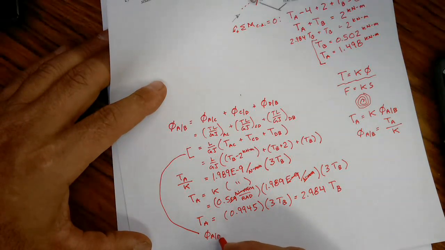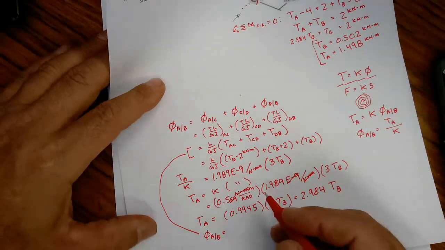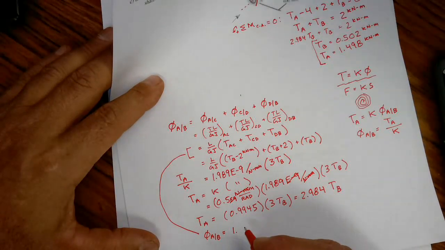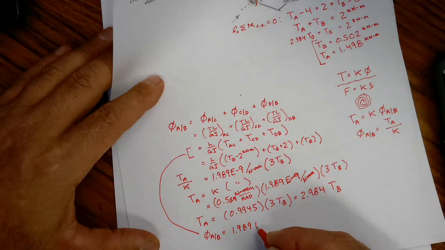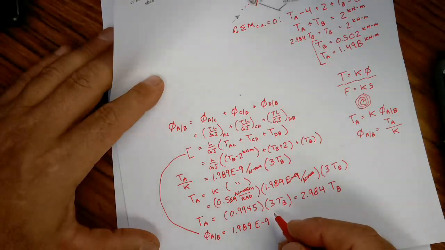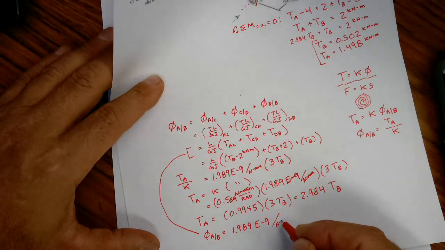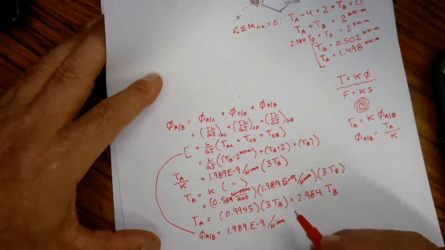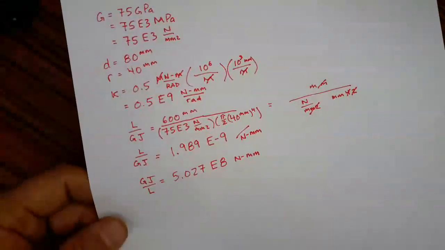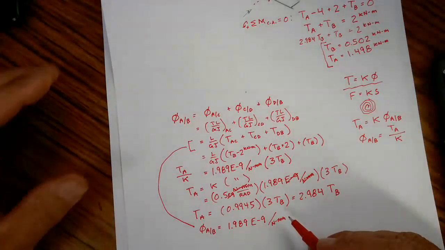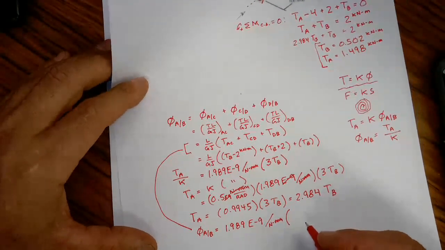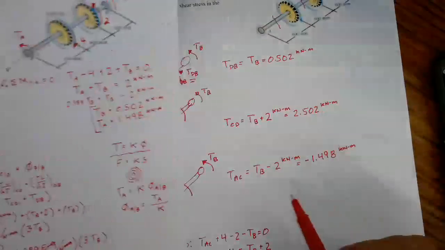That says the angle of twist of A with respect to B is equal to L over GJ, and that was 1.989 E minus 9 per Newton millimeter, times the torques.